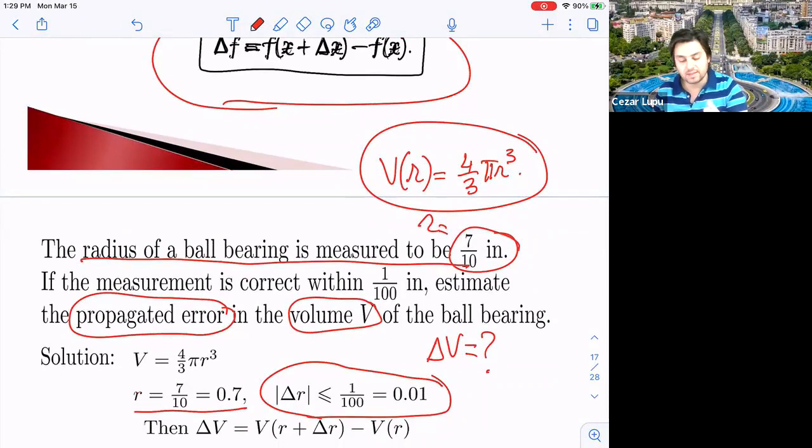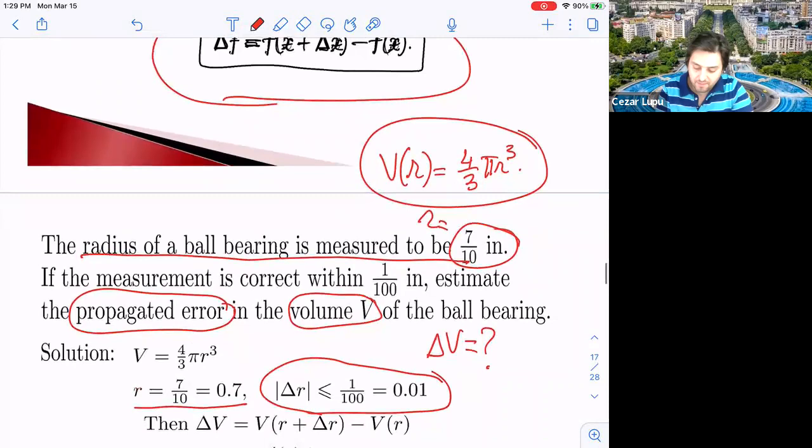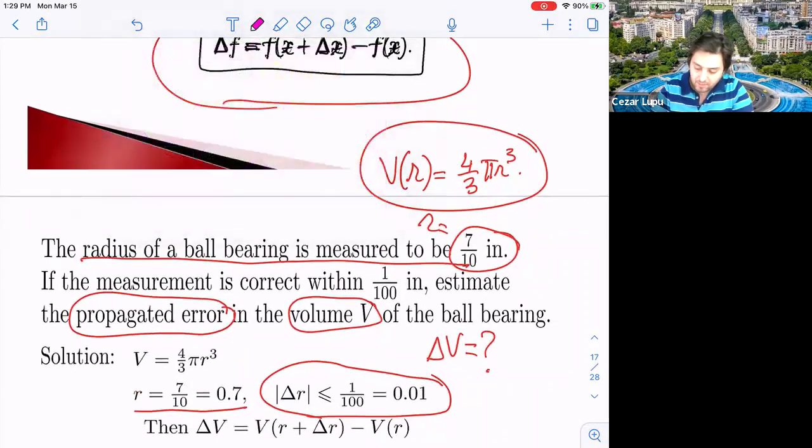Okay, but this can be approximated by what? What can you tell me about this? V of R plus delta R minus V of R can be approximately what? Can you tell me?